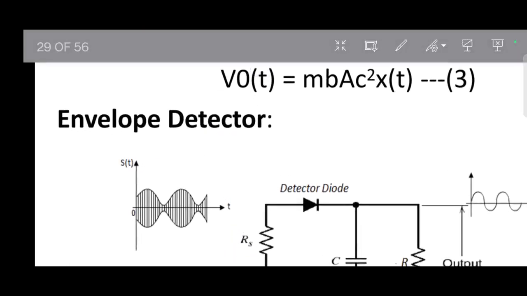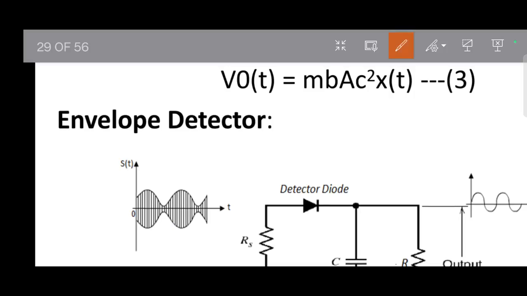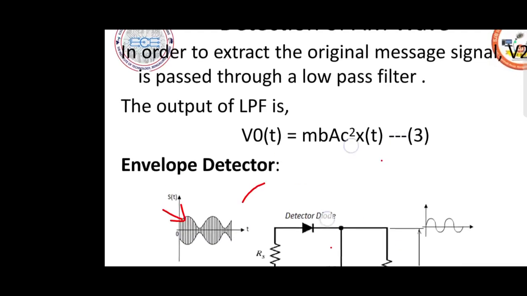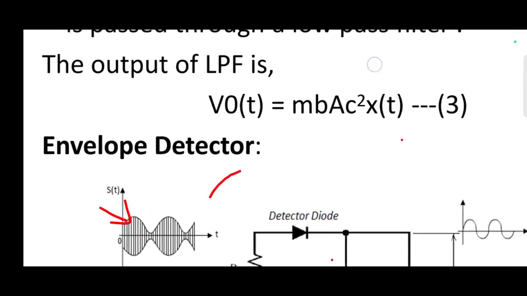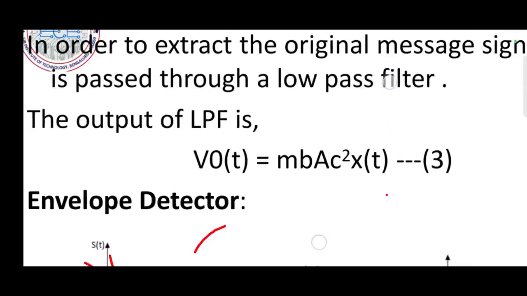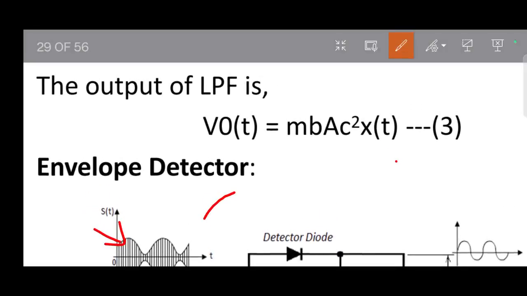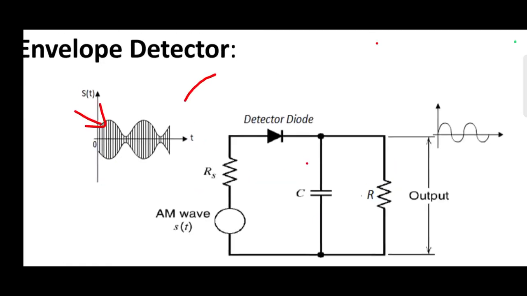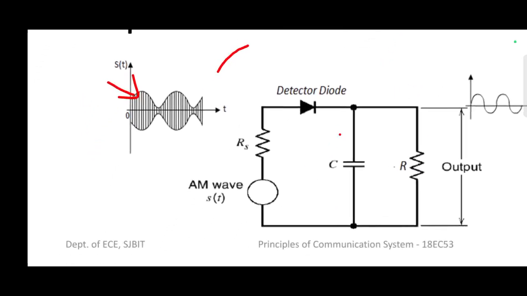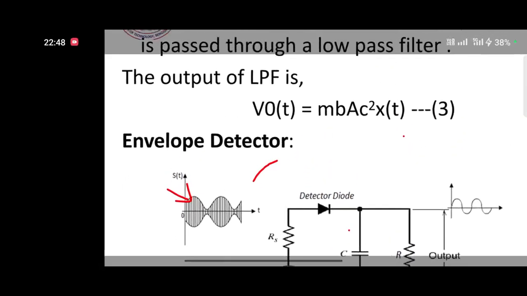Okay, if you observe this wave, initially during the very first positive half cycle, you can expect the capacitor to charge to the peak value. Later on, during the discharging process, you keep this particular resistance very large.